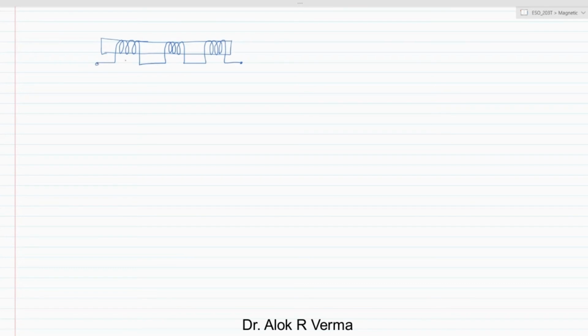And you have a dot notation given as follows: one dot is here, and another dot for this winding is here, and another dot is here. Now in this case, when the current is flowing here, the current is moving in this direction, okay.